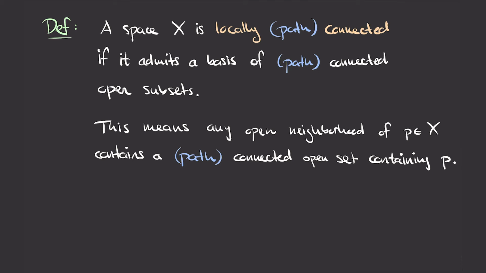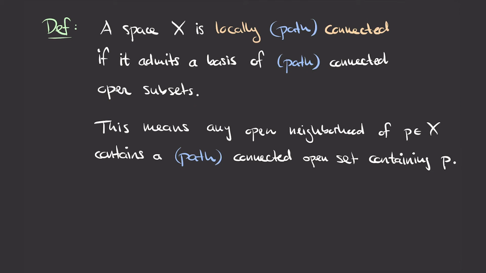It goes as follows. A space X is said to be locally connected if it admits a basis of connected open subsets. And similarly, we say that a space X is locally path connected if it admits a basis of path connected open subsets. So this is perhaps not very transparent.